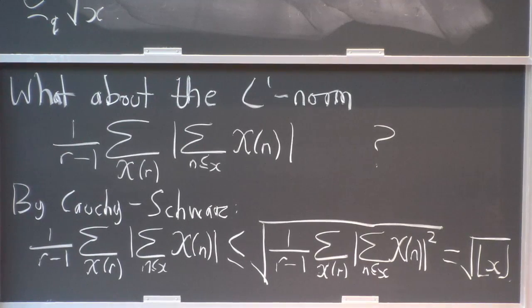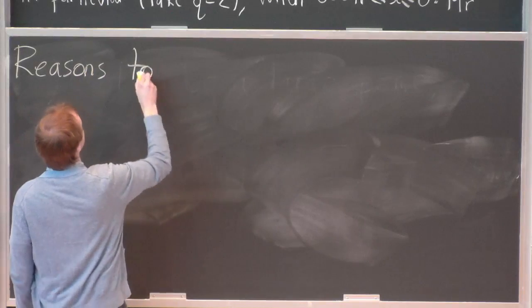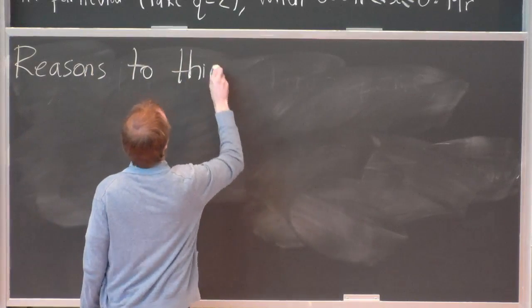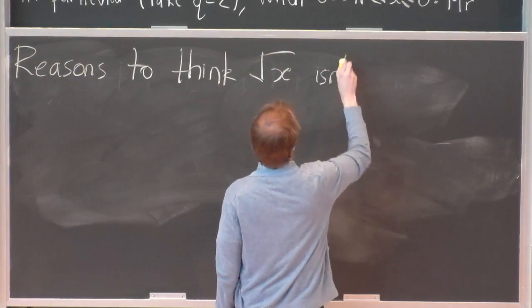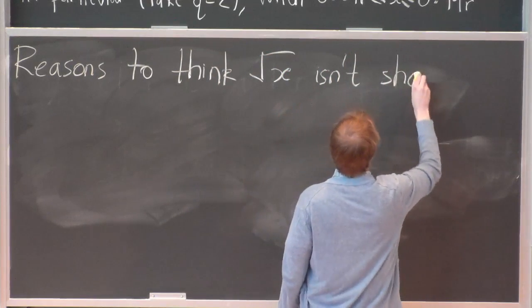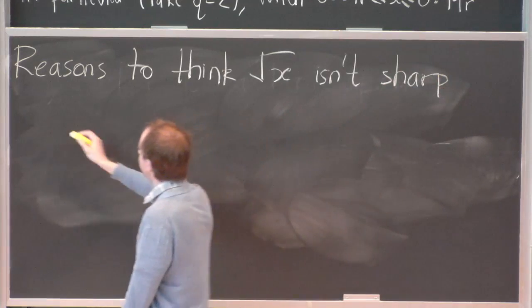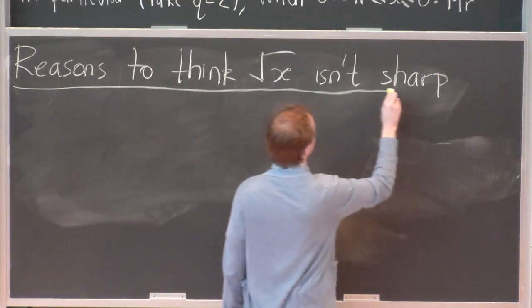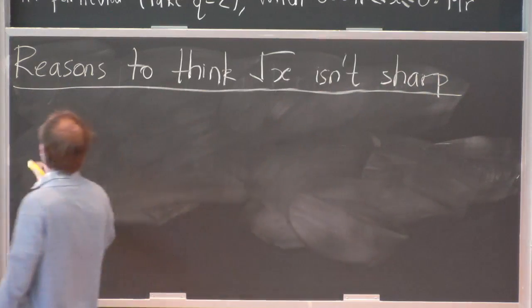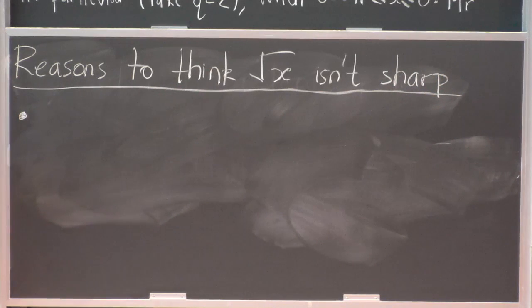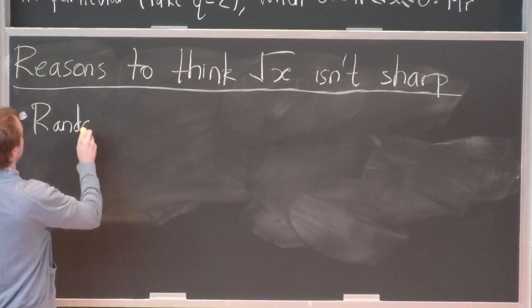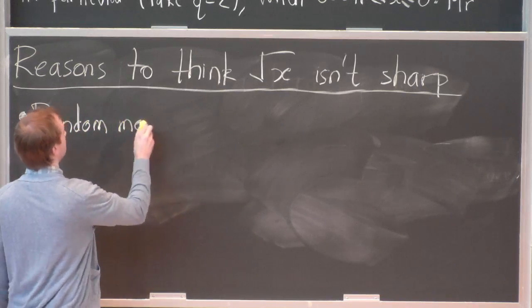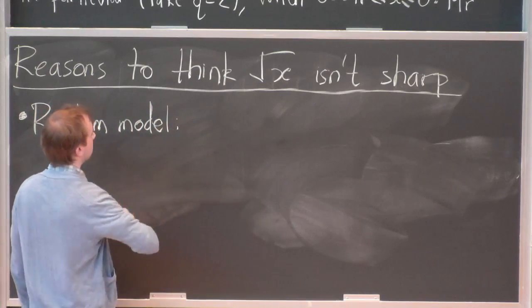Okay, so now, reasons to think square root x isn't sharp. Right, so one thing you could do is you could look at a random model for the problem. So here's a random model.